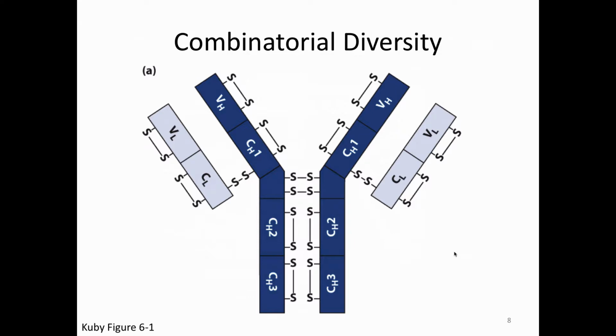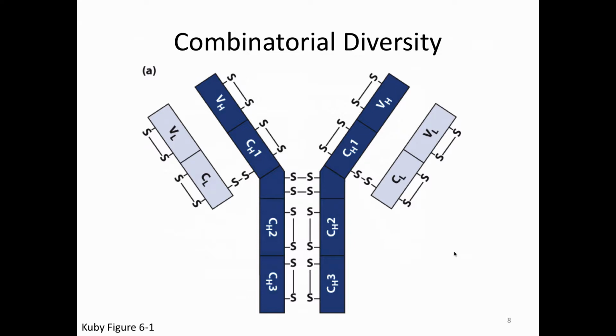So just like we have chicken and broccoli, this could be heavy chain number 1 and light chain number 1, and heavy chain number 2 and light chain number 1, and heavy chain number 3 and light chain number 1, and heavy chain 1 and light chain 2, and heavy chain 2 and light chain 2, and heavy chain 3 and light chain 3.